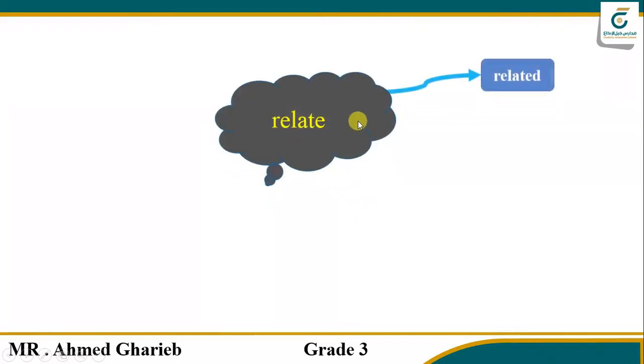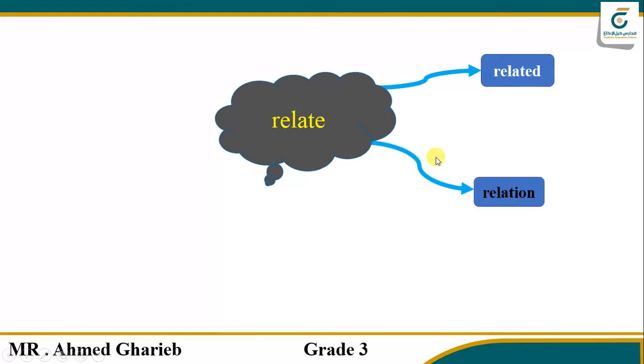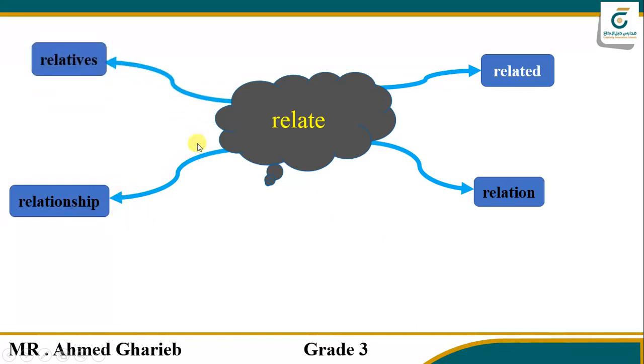So when I read for the first time, I found a word called related, connected. Then another time I found a word relation, the noun. Another time I found relationship, another noun. Also another time I found a word relatives, means people that are close to me from the same family, like aunt or cousin, uncle, and so on.